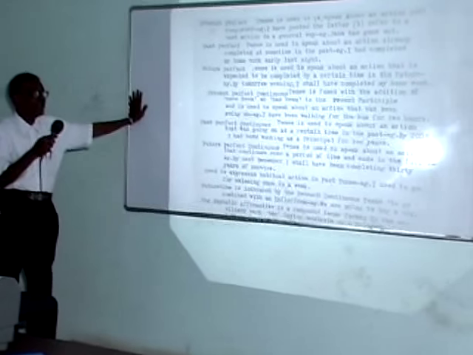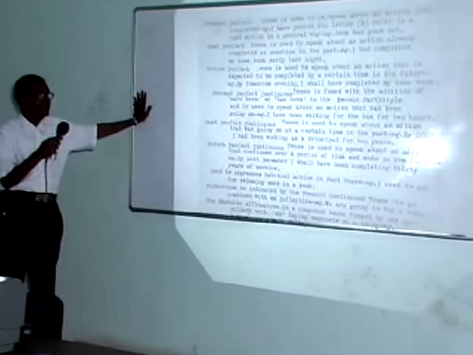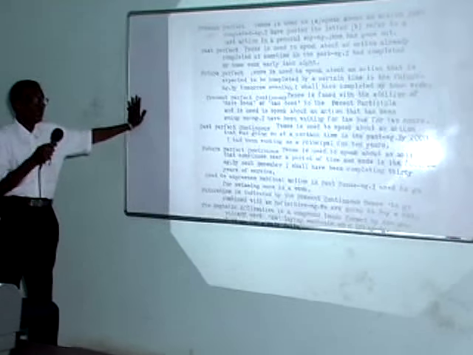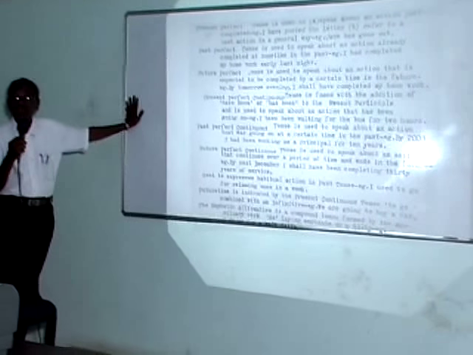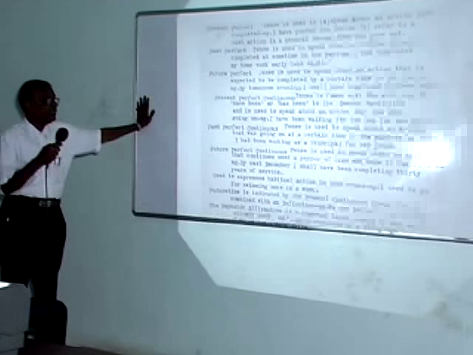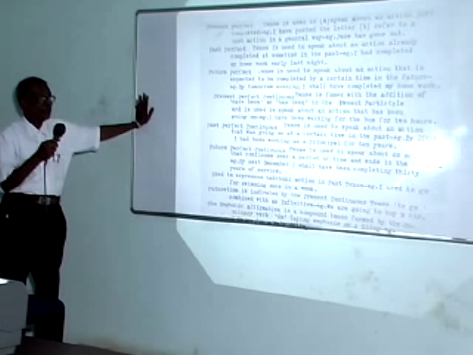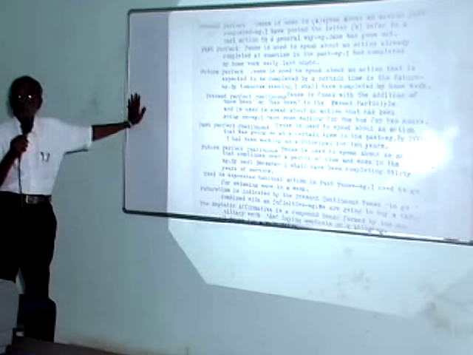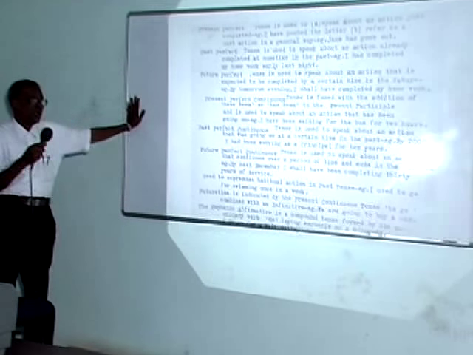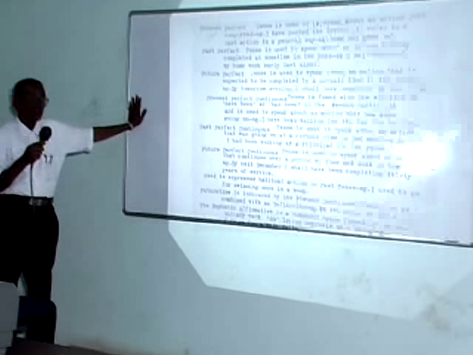Present perfect continuous tense is formed with the addition of have been or has been to the present participle and is used to speak about an action that has been going on, as in, I have been waiting for the bus for 2 hours.